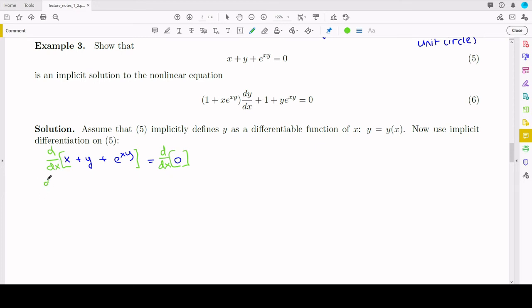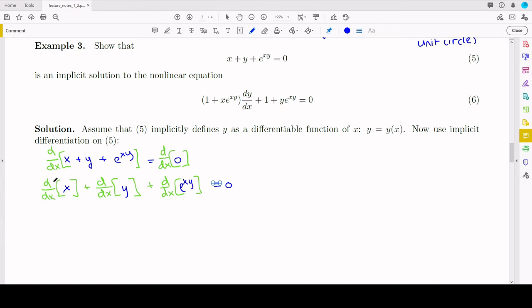The derivative of a sum is the sum of the derivatives, so I'm going to split this up into 3 derivatives. On the right hand side we can go ahead and say that is equal to 0, right? So we have d/dx of x, d/dx of y, and then d/dx of e to the power xy.